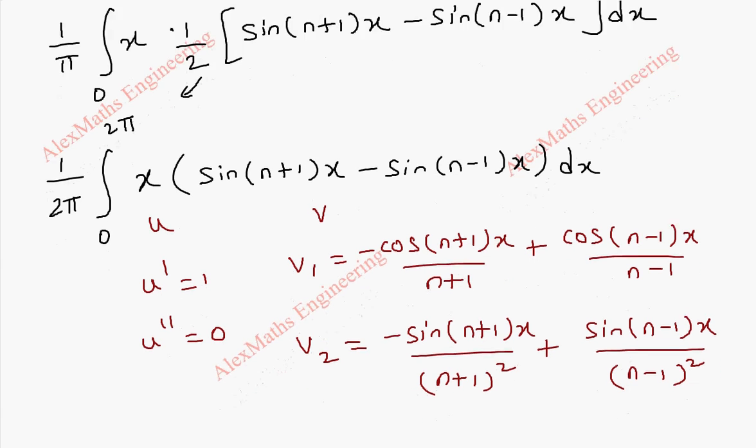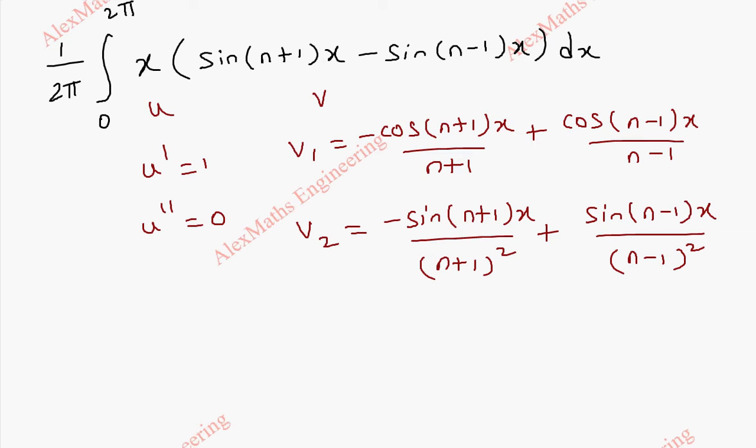Now coming to the formula, we have to take 1 by 2 pi as it is. Now it is u into v1.